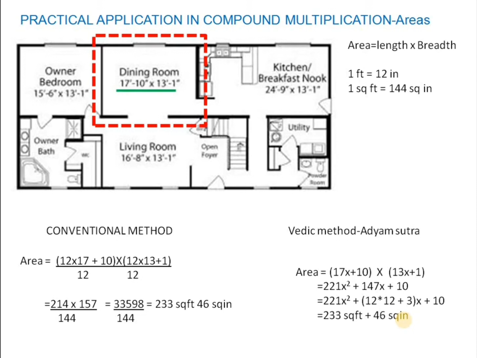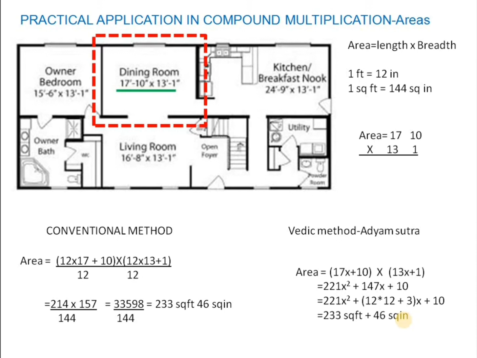Now let us simplify this further and apply our Urdhva Tiryak Sutra, which we learned in the previous session. We write 17, 10 and 13, 1 and try to multiply like this. This also looks a bit like a matrix for those who are familiar with it.